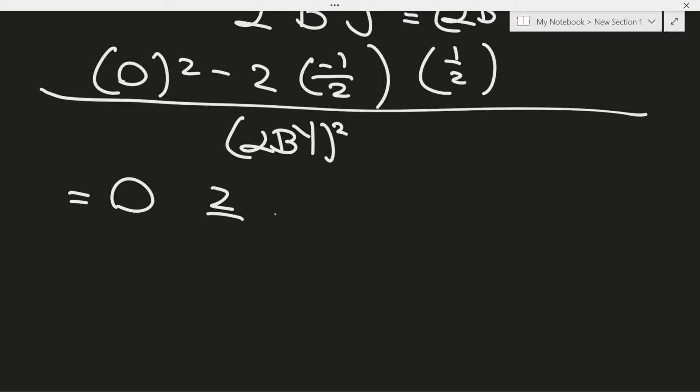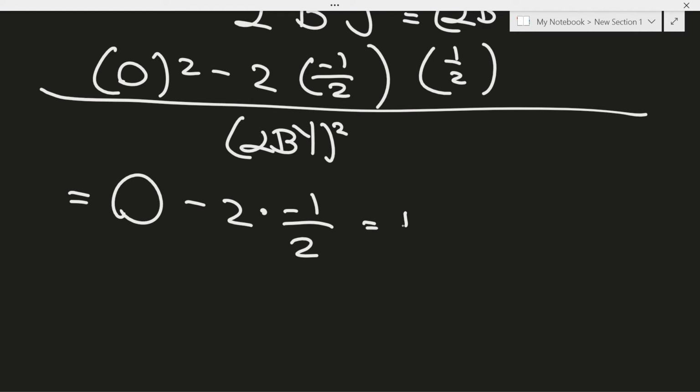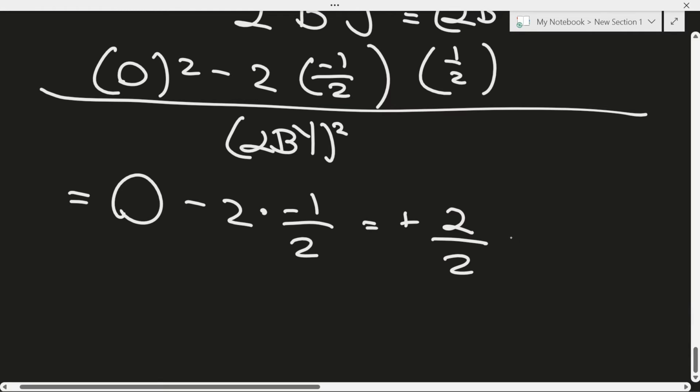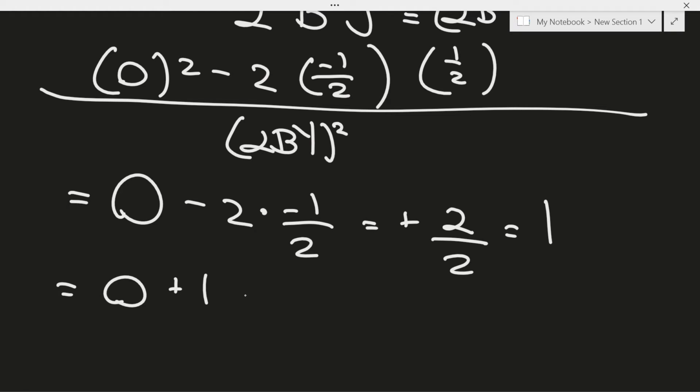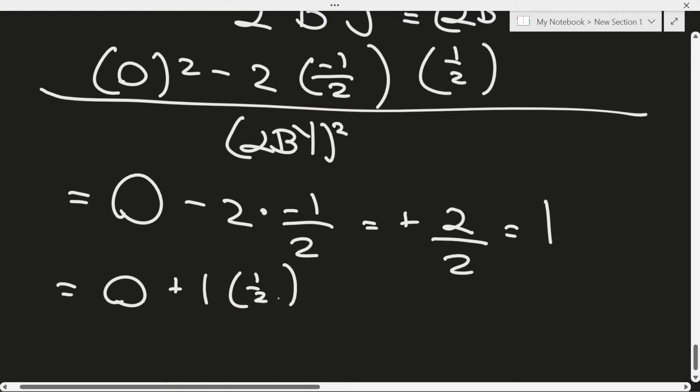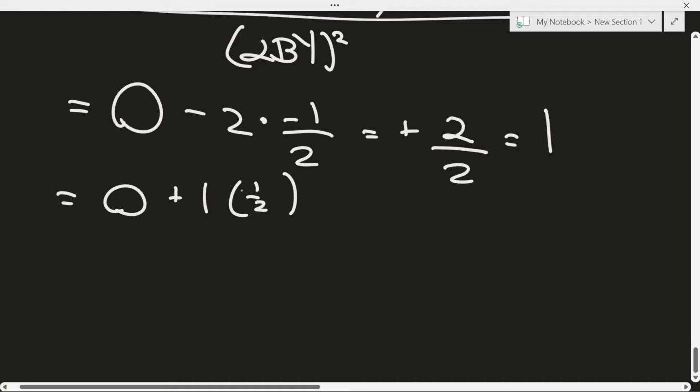I made a little mistake. So we'll have 0 minus 2 times minus 1 over 2. I hope this way is a little bit easier. So minus 2 times minus 1 is positive 2, over 2, which is equal to 1. So we'll have 0 plus 1 times a half. And 1 times a half is the same thing as saying a half.